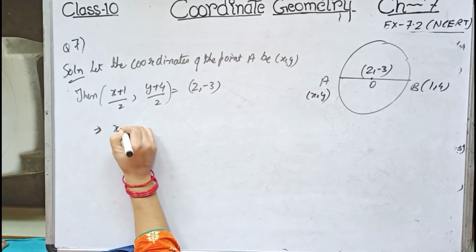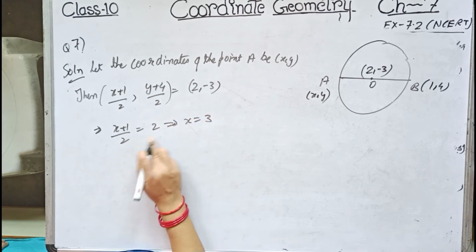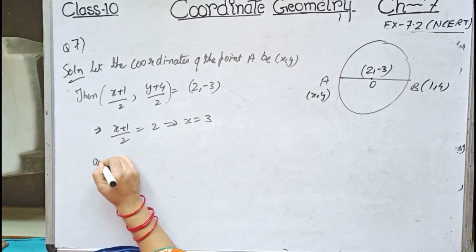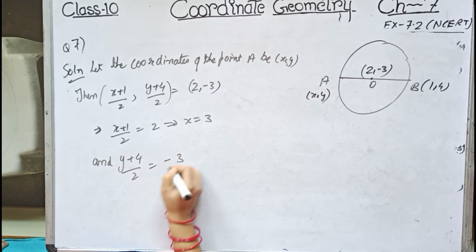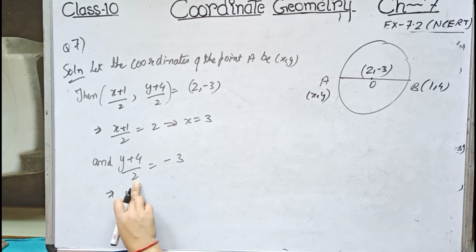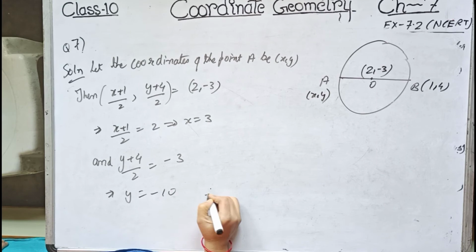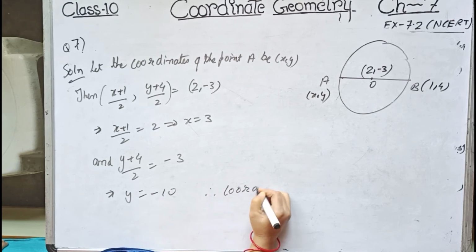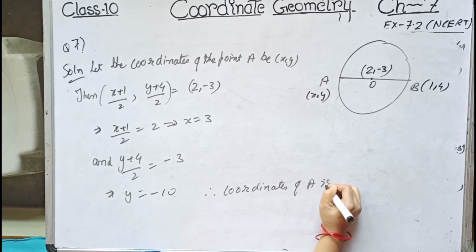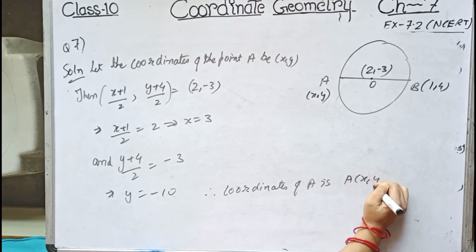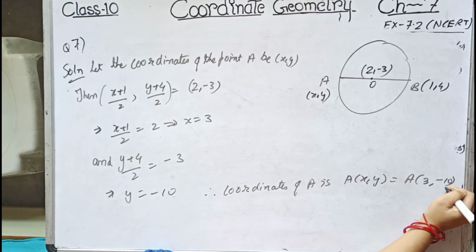So this implies (x plus 1) by 2 equals 2, implies x is equal to 3, that is 4 minus 1 is 3. And (y plus 4) by 2 equals -3, implies y is equal to -6 minus 4, that is -10. Therefore the coordinates of A are (3, -10).